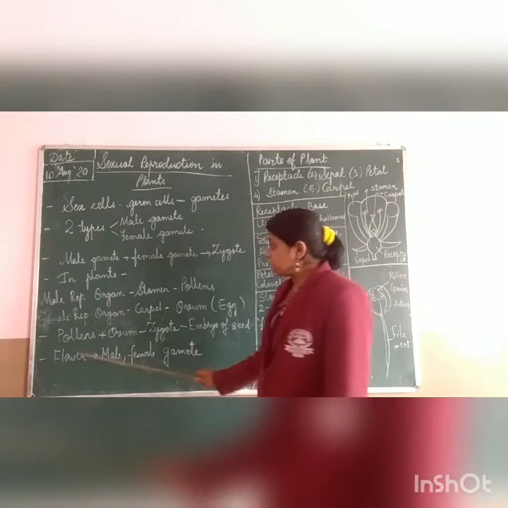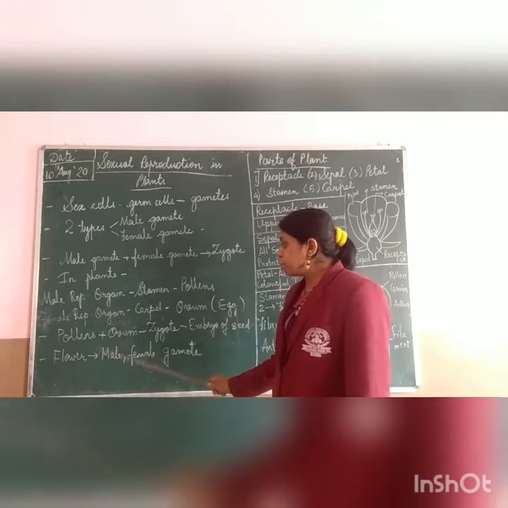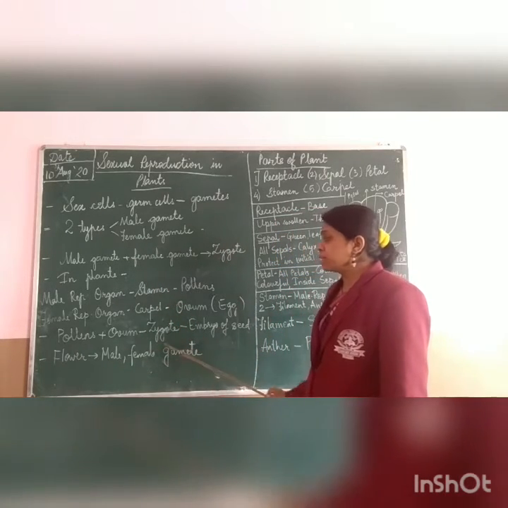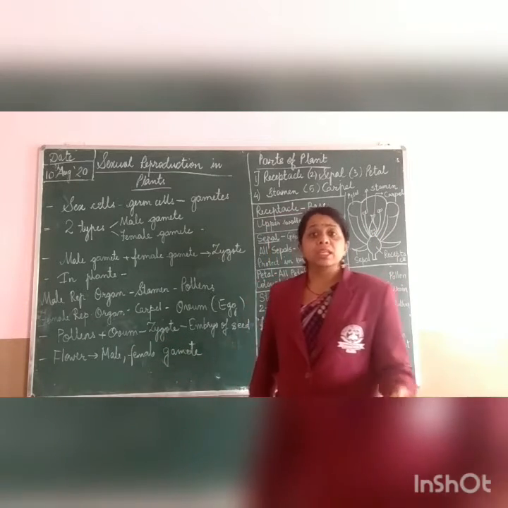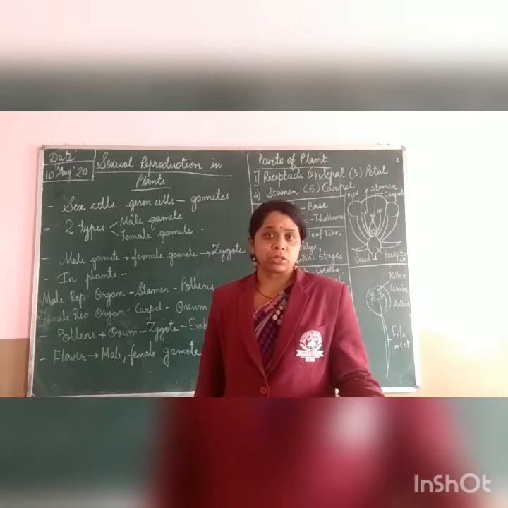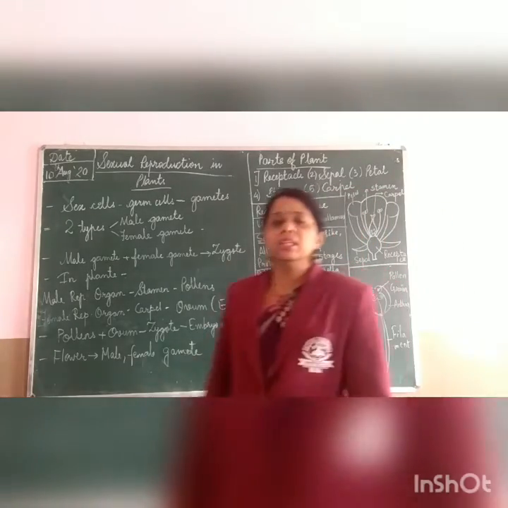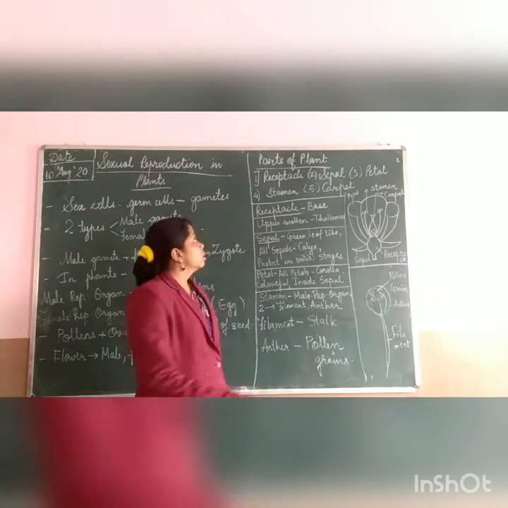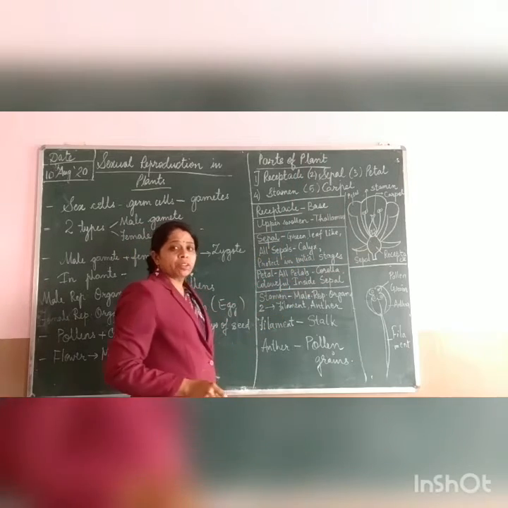Ultimately, what we can learn from here is that male and female gametes are present inside the flower. So the flower is basically the reproductive part of the plant. Everyone got this? Now we will see the various parts of the flower, the reproductive part.